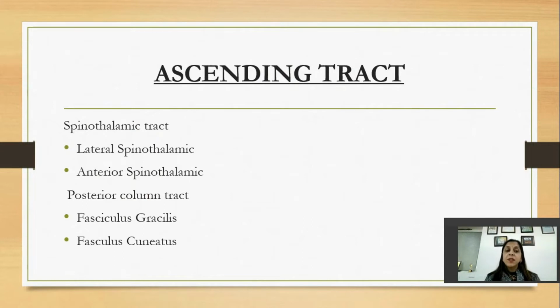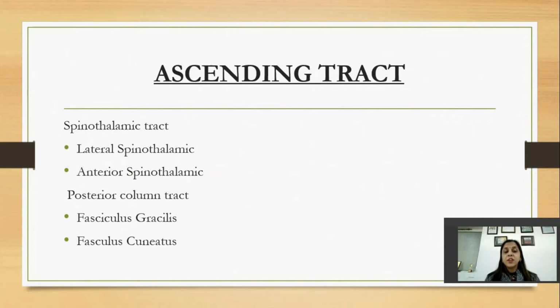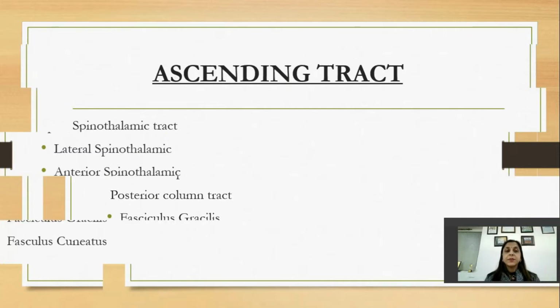We have two main ascending tracts. One of them is the spinothalamic tract, which consists of two types of tracts, the lateral spinothalamic tract and the anterior spinothalamic tract. And another one is the posterior column tract, which originates from the posterior aspect of the spinal cord, and includes the fasciculus gracilis and the fasciculus cuneatus.